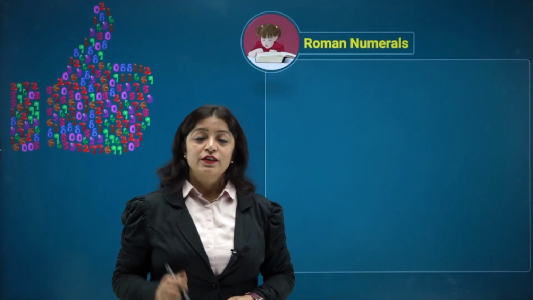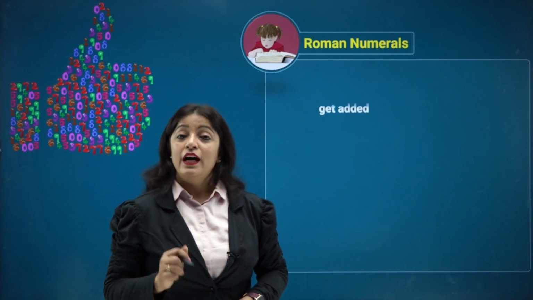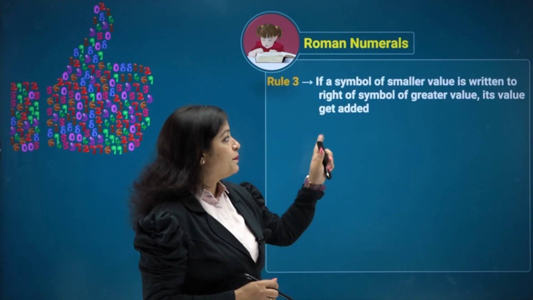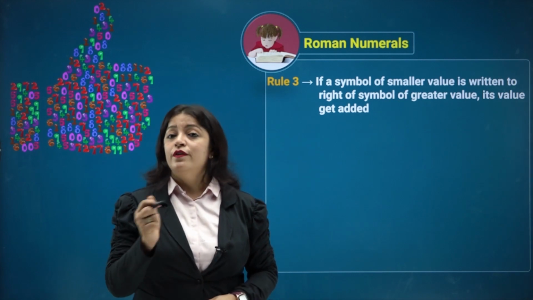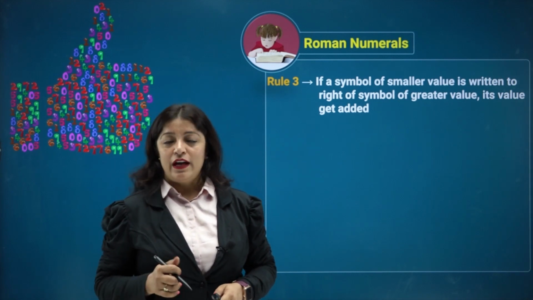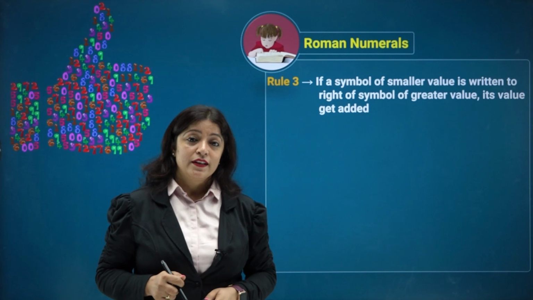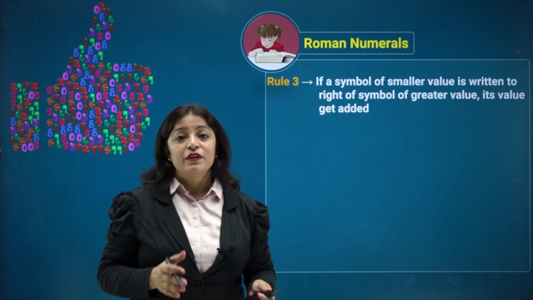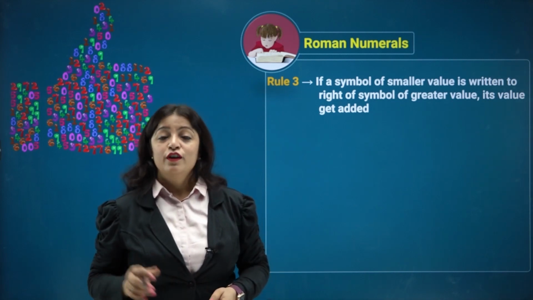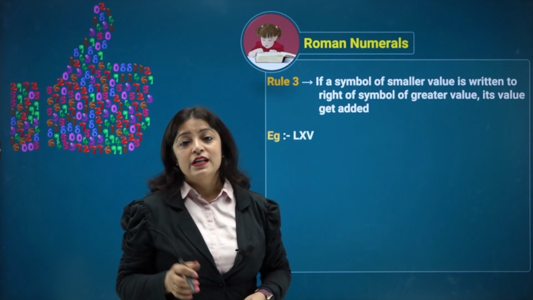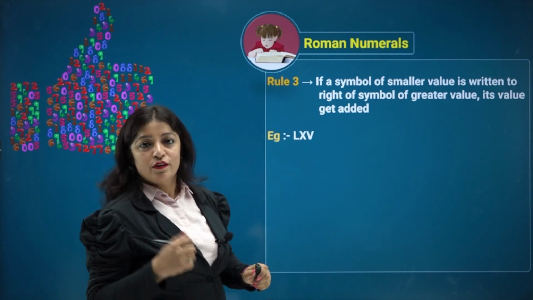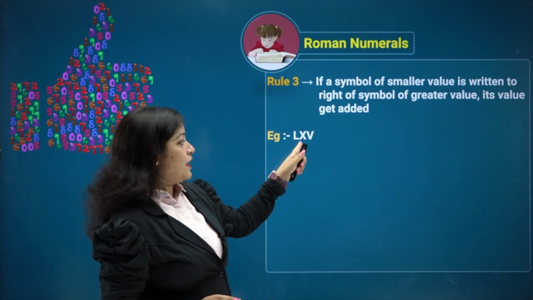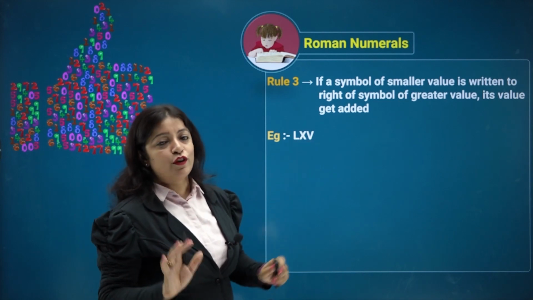Now let us see the third rule. The rule says that if a symbol of a smaller value is written to the right of the symbol of the greater value, it indicates that it is added to the previous. For example, if we see a number LXV, now here L stands for 50, X stands for 10 and V stands for 5.